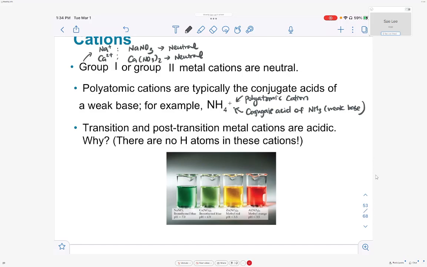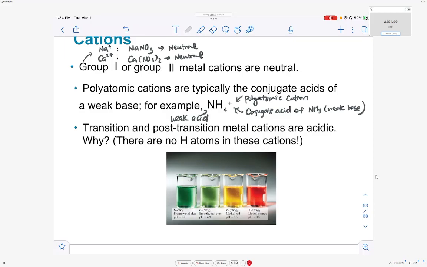According to the previous definition that we have learned, the conjugate acid of a weak base is a weak acid. So this is a weak acid, and since ammonium is a weak acid, any salt containing this polyatomic cation will be weakly acidic. Why? Because it contains a cation that is going to be weakly acidic.